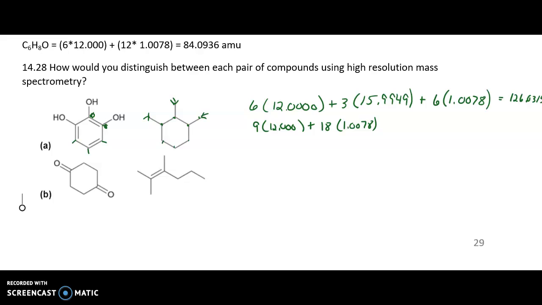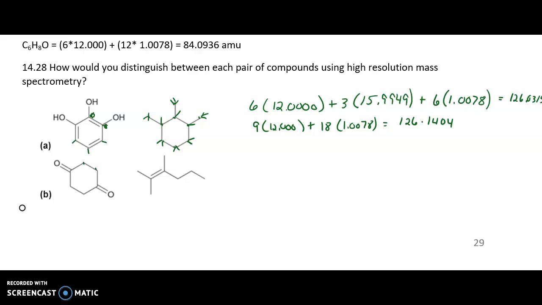That gives us 9, 10, 11, 12, 13, 14, 15, 16, 17, 18. If we add this together, we get 126.1404 AMU. So we are able to distinguish the two compounds.